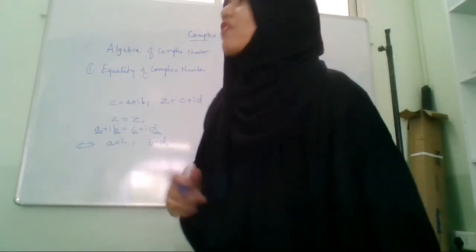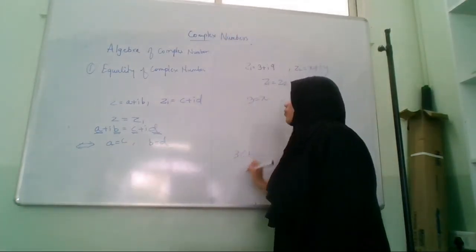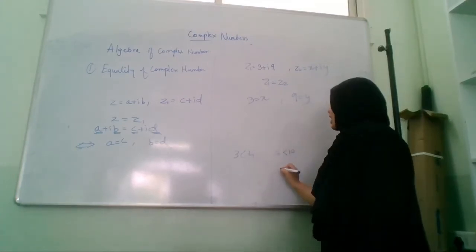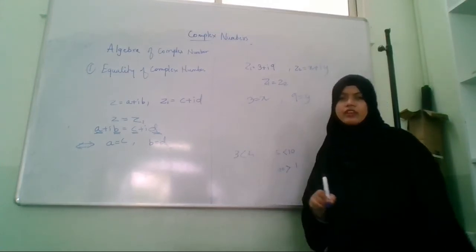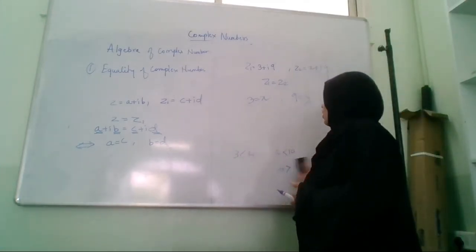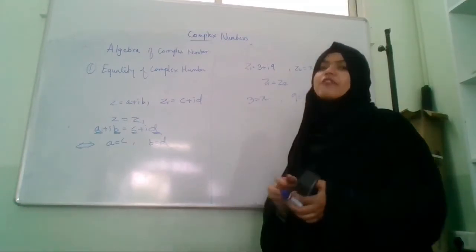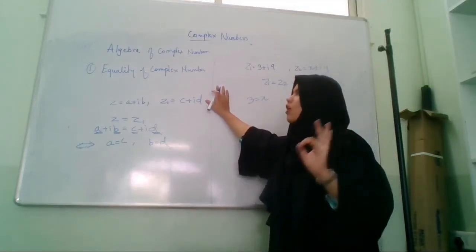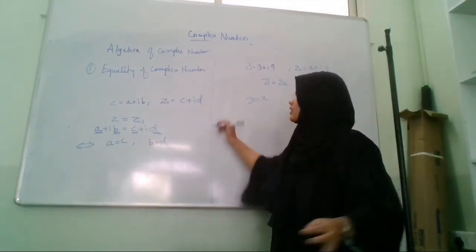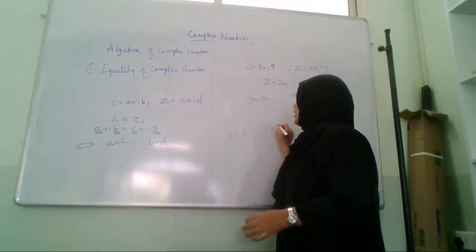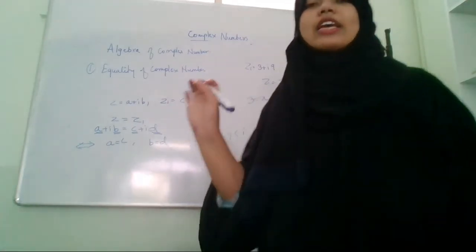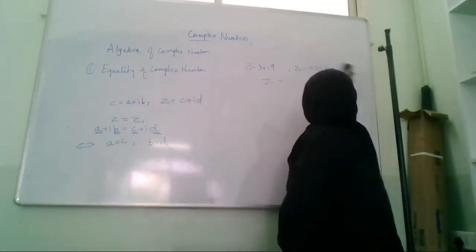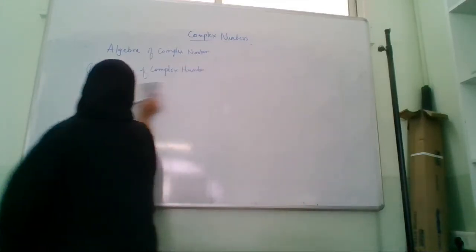Now, as in natural numbers, 3 is less than 4, then 5 is less than 10, or you can say 100 is greater than 1, there are less than or greater than inequalities. But here we don't have that type of inequality. We have only equal complex numbers. We don't have one complex number like 4 is less than i is greater than 5. Nothing like that. We have only the equality of complex numbers. I hope equality of complex numbers is clear.